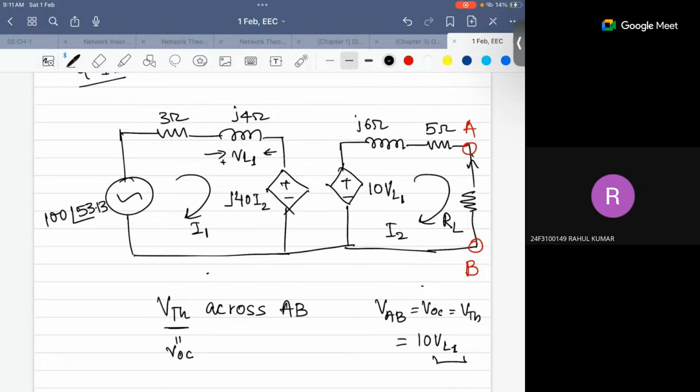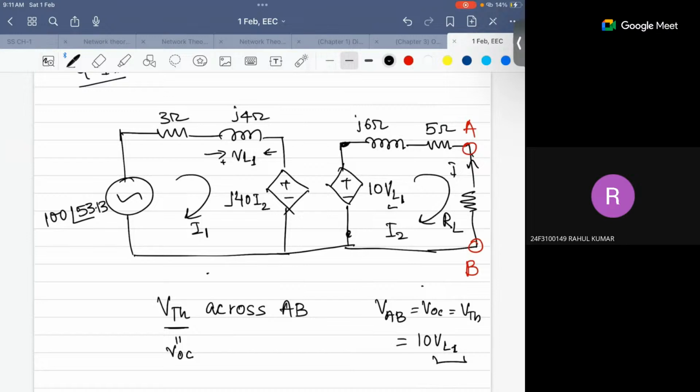So the current in this circuit will become zero, so you don't have to calculate any drop across any of the resistor or inductor. Now you know that the whole voltage VAB will be the same here also. So here the voltage difference was 10 times VL1. VL1 is the voltage across this inductor.